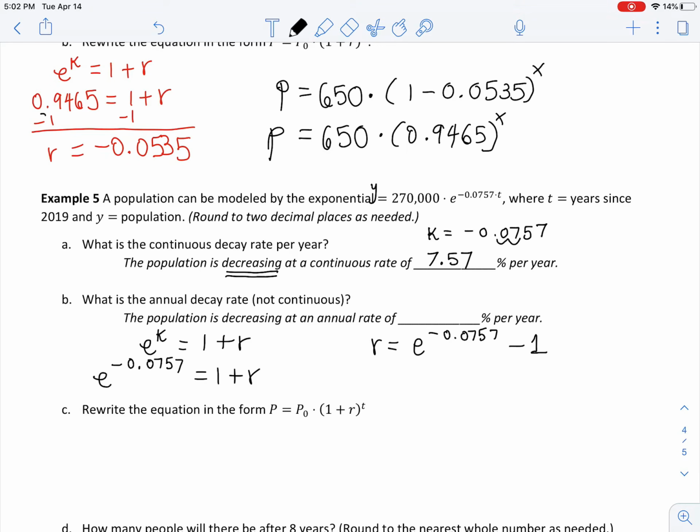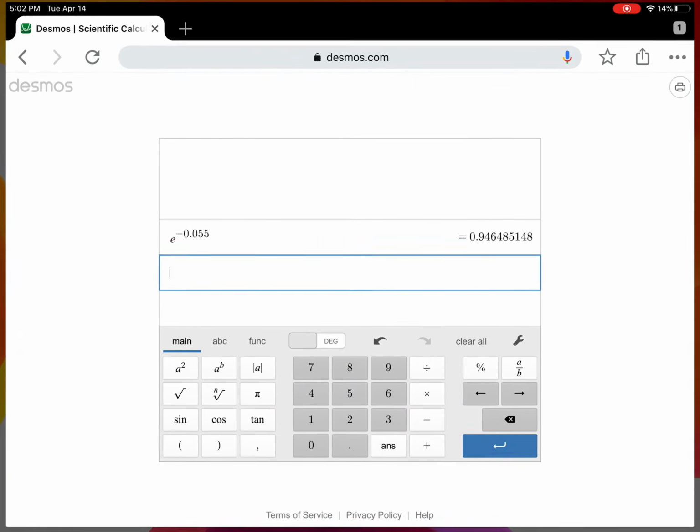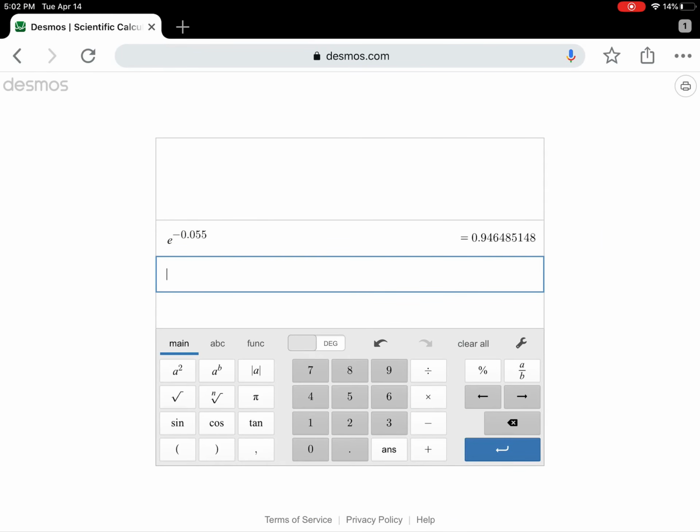All right, guys. I'm taking a picture of this. Going back to my Desmos calculator that I just found on Google, I will type in e raised to the negative 0.0757 minus 1.